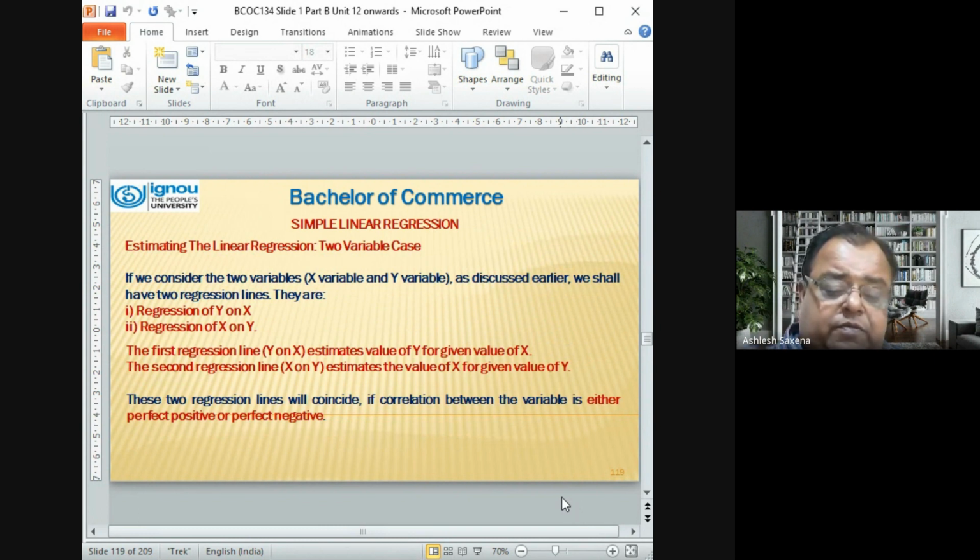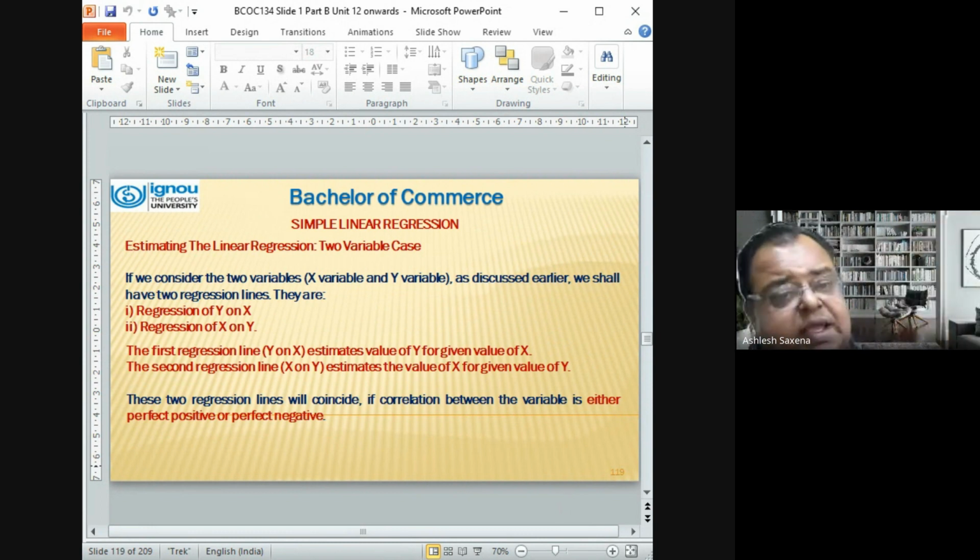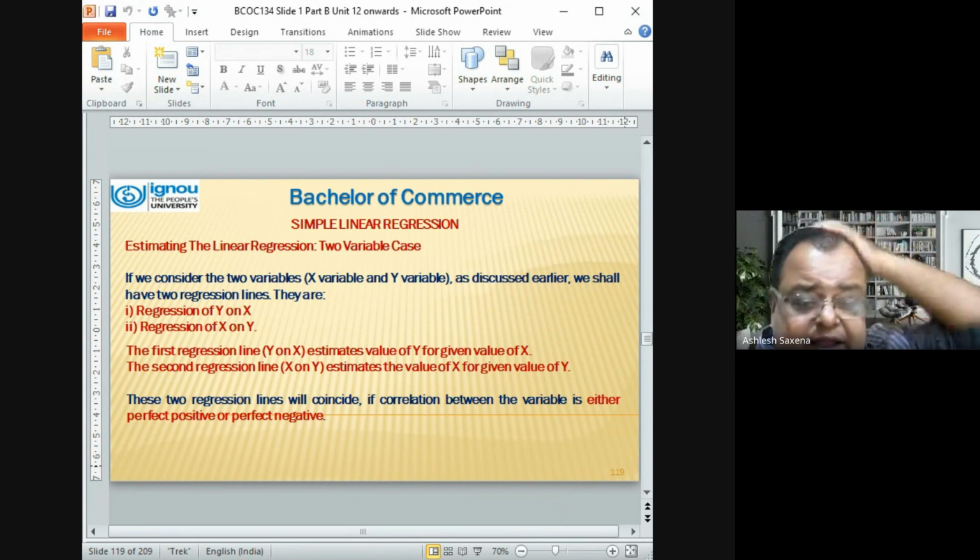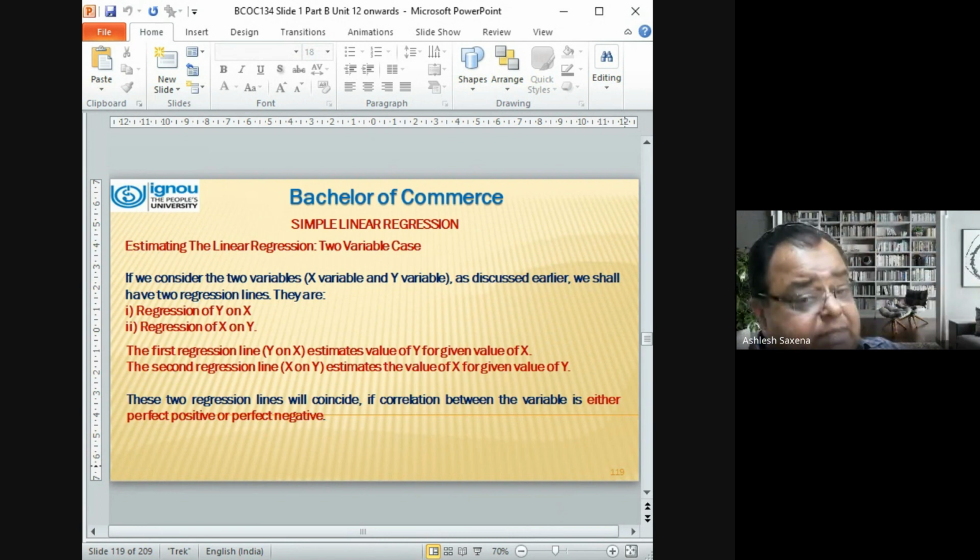Now we will see how these lines are obtained. If we consider two variables x and y, we shall have two regression lines, that is regression of y on x and regression of x on y. The first regression line, that is y on x, estimates the value of y for a given value of x.